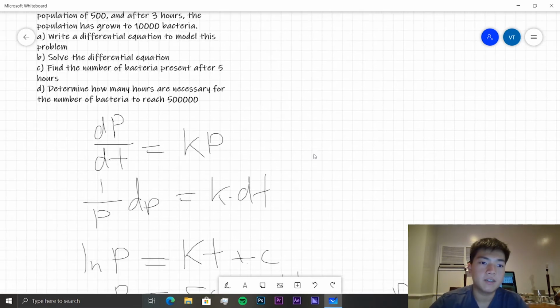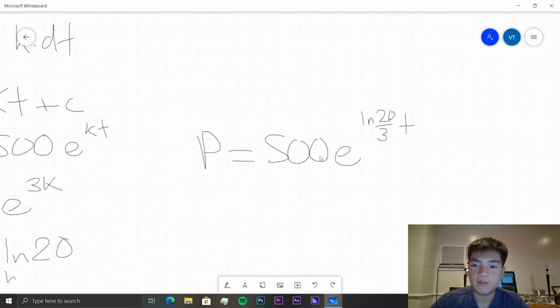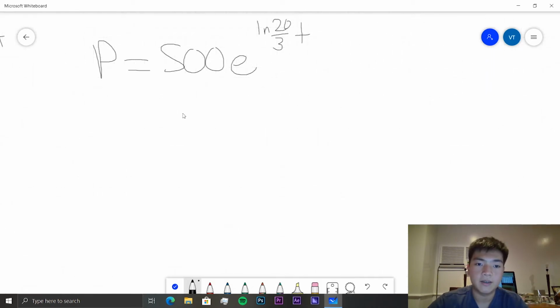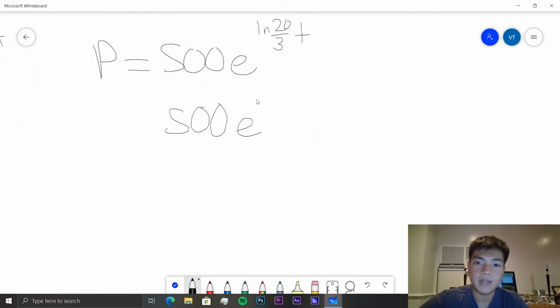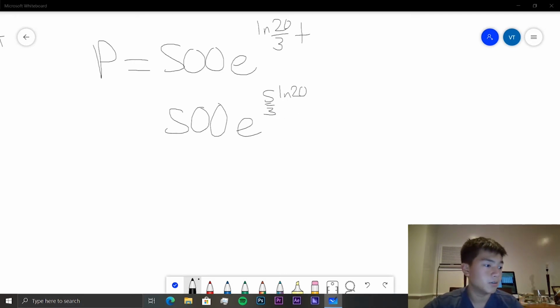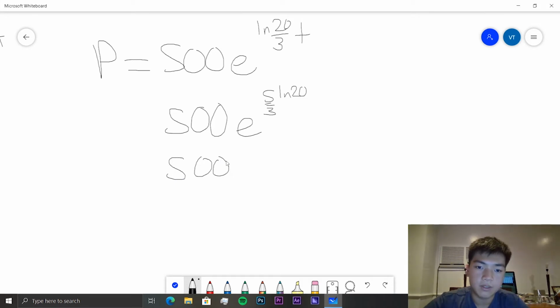So next, what we need to do is find the number of bacteria present after 5 hours. That's simply 500 e to the 5 ln 20 over 3. Oh, 5/3 ln 20. Which is 500 times 20 to the power of 5/3, I think.